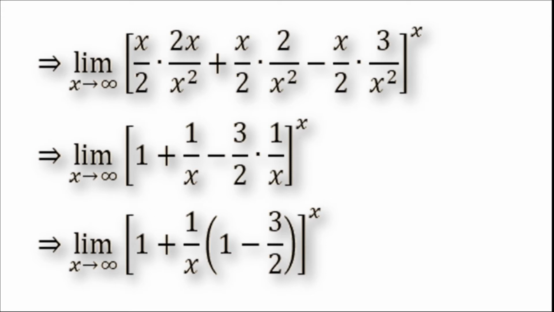After a certain cancellation, that becomes 1 plus 1 by x minus 3 by 2 times 1 by x. We can take that 1 by x out of those last two terms, and after taking out, it becomes the limit x goes to infinity of (1 + (1/x)(1 - 3/2))^x.